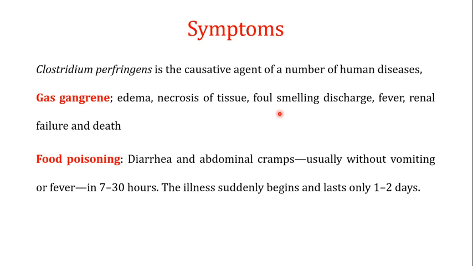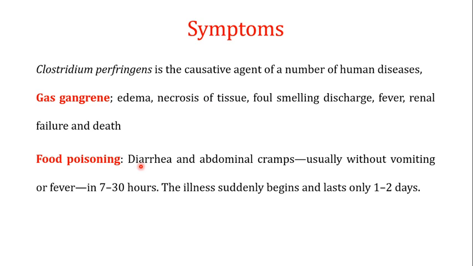There is a foul smelling discharge, a discharge that has a very foul smell. There can be fever, there can be renal failure, and in severe cases it can lead to the death of the individual.